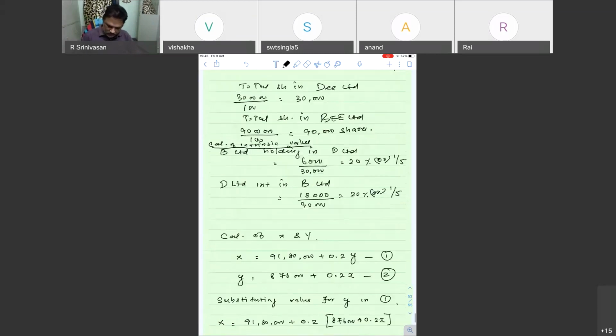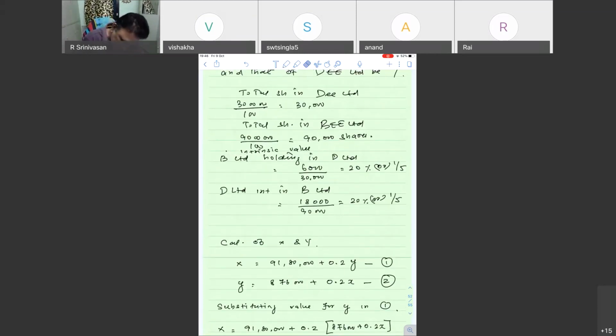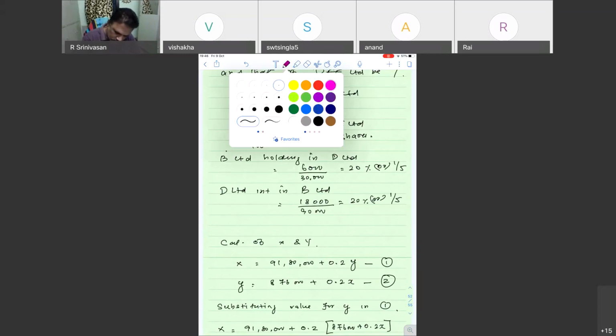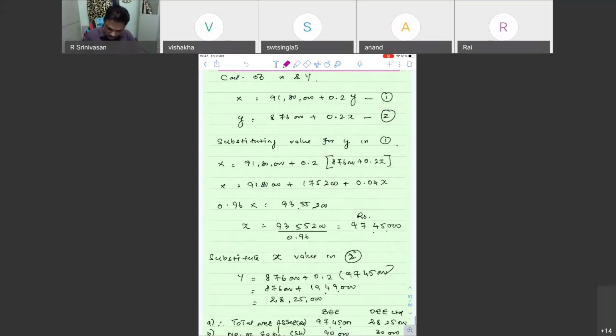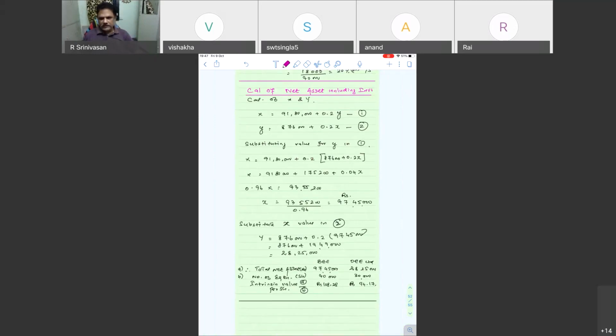Okay, so this is the interest. Then calculation of net asset including investment. So we have got the intrinsic value.